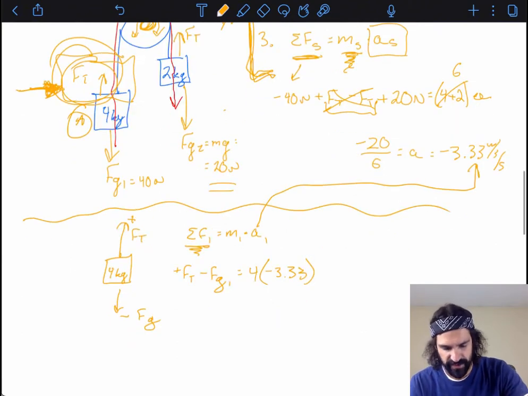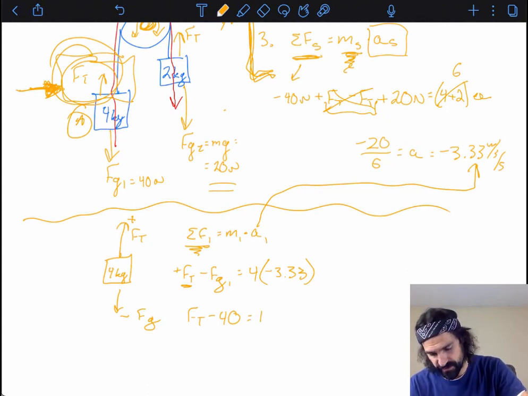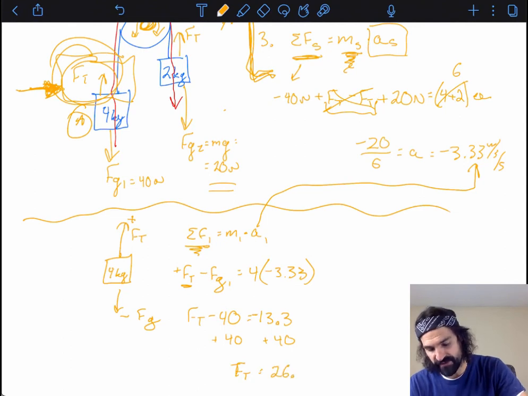And then we can plug in our weight to solve for tension, so Ft minus 40 equals 4 times 3.33, or 13.3, negative 13.3. And now we're going to add 40 to both sides to get tension by itself, and we're going to find that the tension is equal to 26.7 newtons.